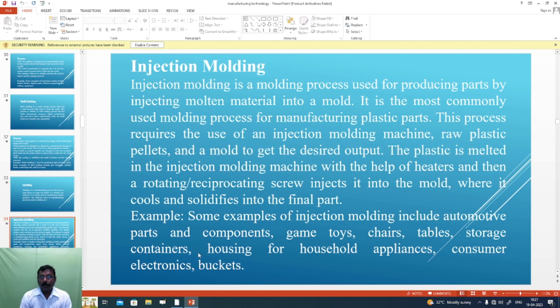Some examples of injection molding include automotive parts and components, toys, chairs, tables, storage containers, housings for appliances, consumer electronics, etc.